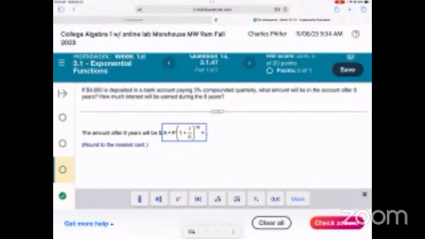So we're trying to solve for A. We're starting with 9,000 times 1 plus the rate is 3%, so 0.03, divided by, it says compounded quarterly, so our n is 4, to the power of 4 times our t, which is 8 years, and that's what's going in the calculator.